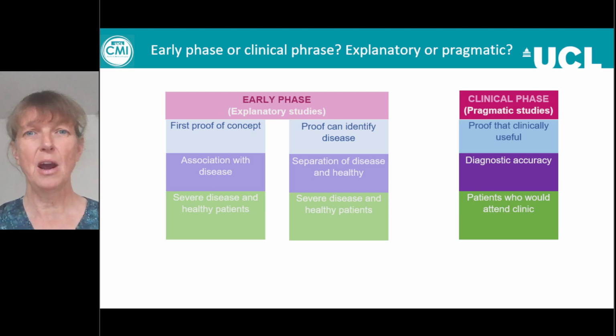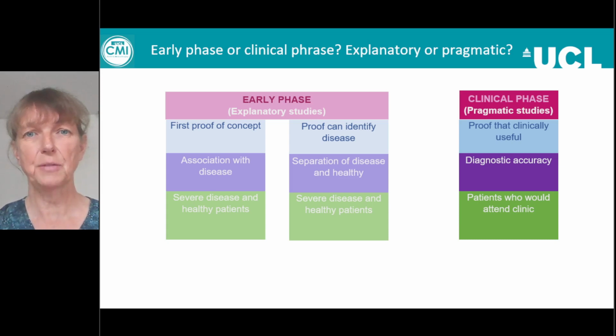Okay, so again, what are the things we're actually analysing in these early phase studies? We're starting off with the first proof of concept. We're looking at the association of our test result with disease, and as I say, it's completely fine to have severe disease and healthy patients. That's completely appropriate. We're doing the development work.